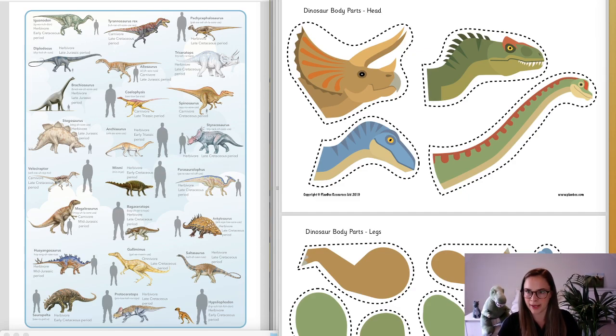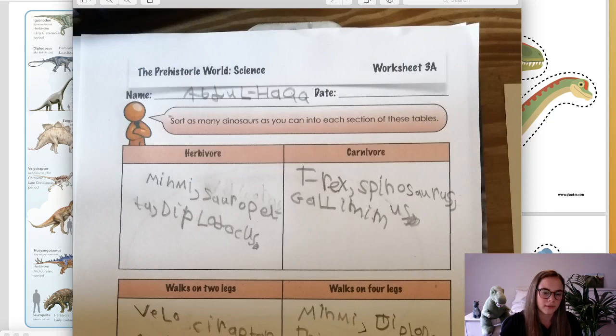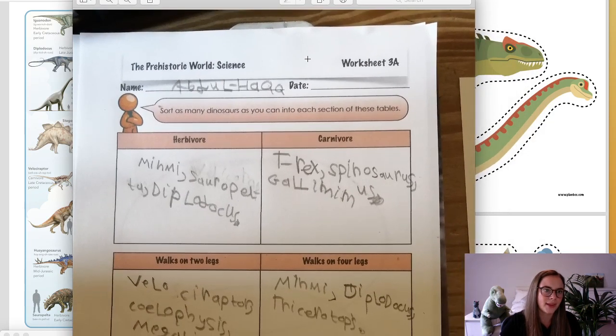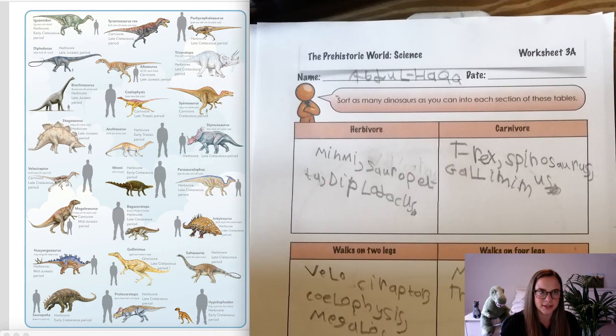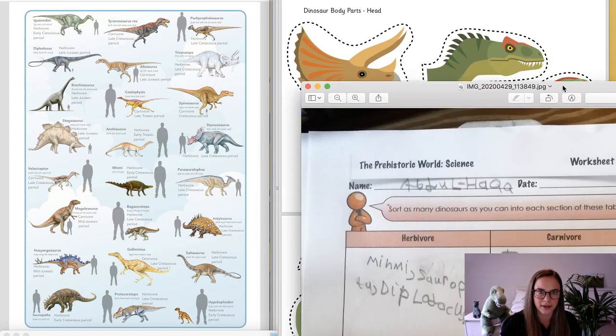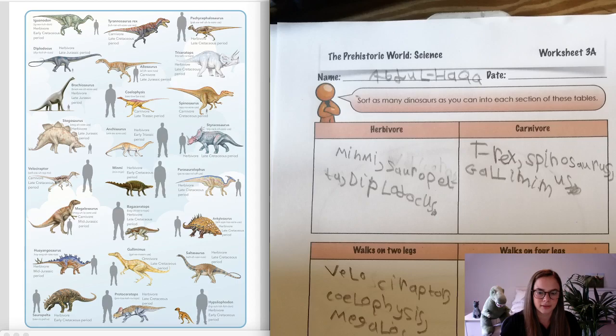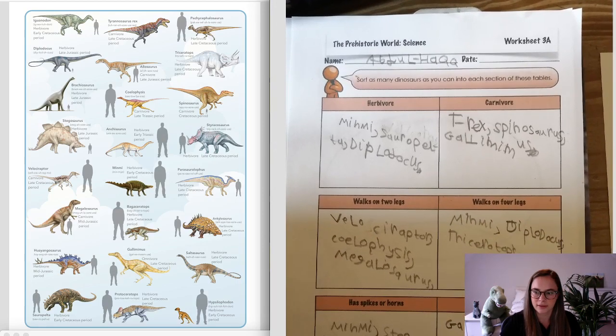Okay, we've got one here from Abdul. Let's see if I can download this one. Okay. So here's Abdul's work. Let me make that a bit smaller so you can see. Oh, sorry. Here we go.